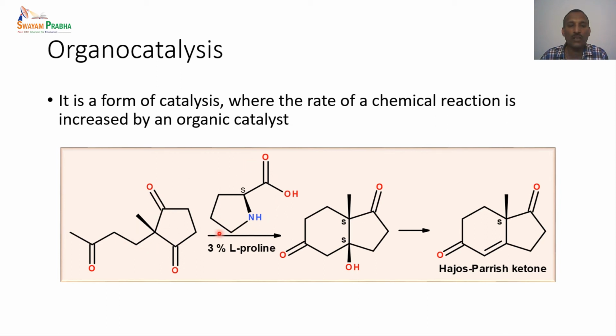This starting material can be converted to Hajos-Parrish ketone using the chiral catalyst with just 3% of L-proline. This is also another example of organocatalysis. So these are all the various ways by which an asymmetric synthesis can be carried out.